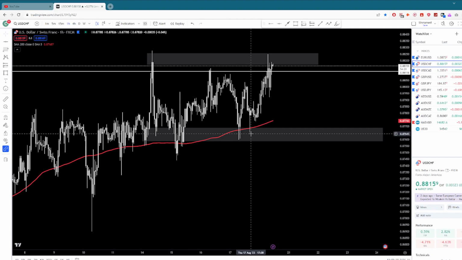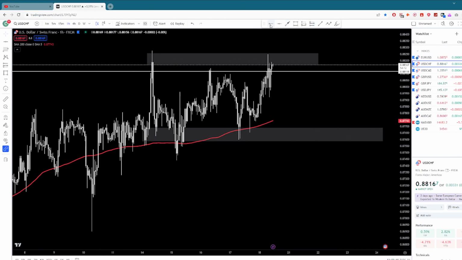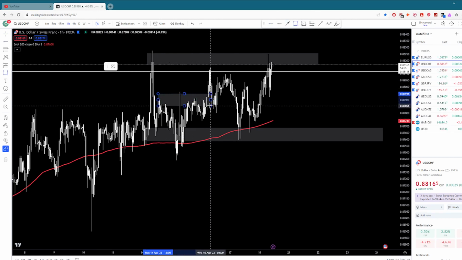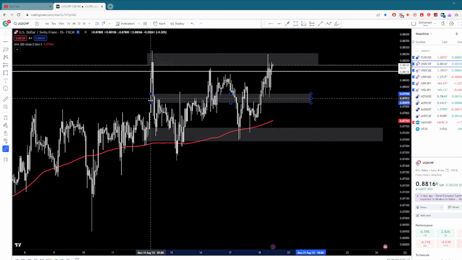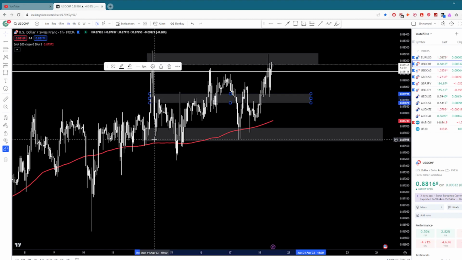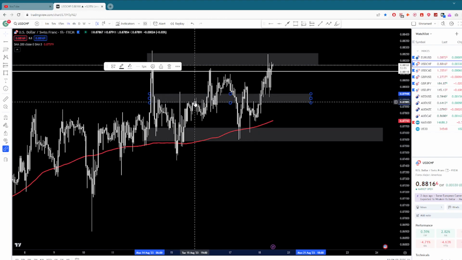It's not complicated, and a lot of people get caught up in marking up support and resistance areas. For example, they'll get on the chart and mark up a box here because it's a rejection wick. It came up here, shot down, came up here again, shot down, came up again, shot down.